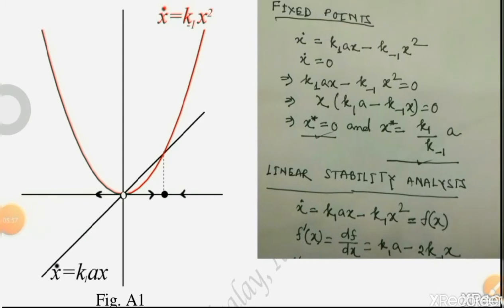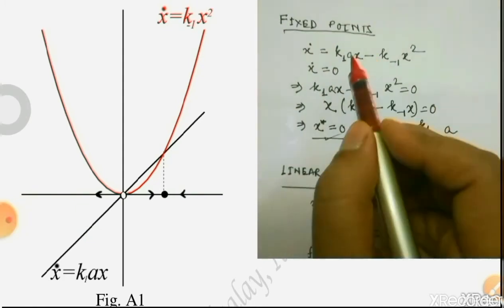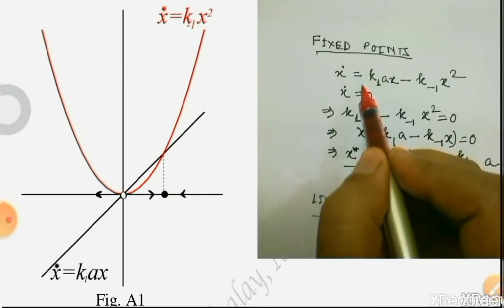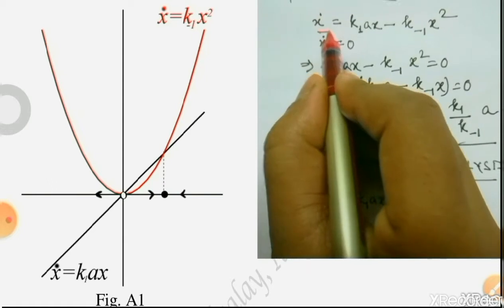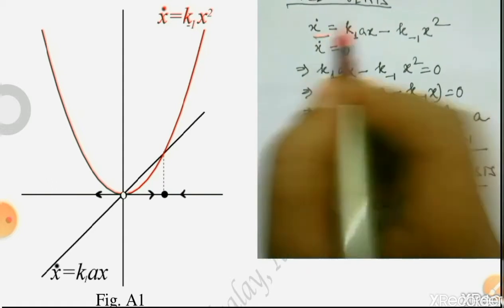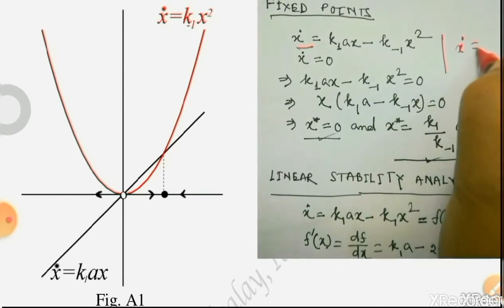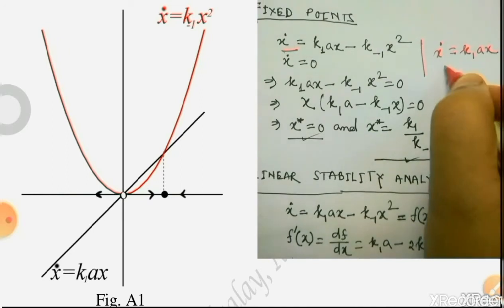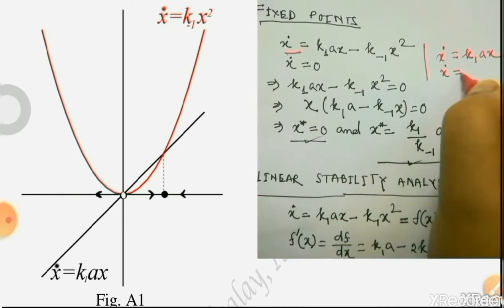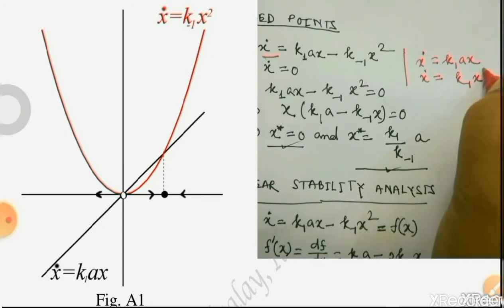To draw the vector field, we will again write the first order differential equation x dot equals this equation in two parts. That is, we will write x dot equals k1 ax and x dot equals k minus 1 x square.